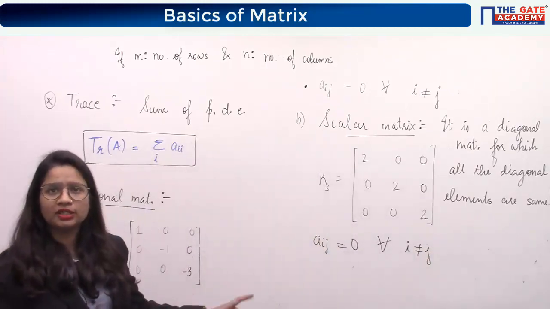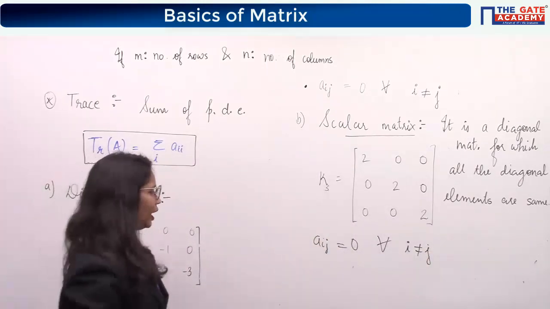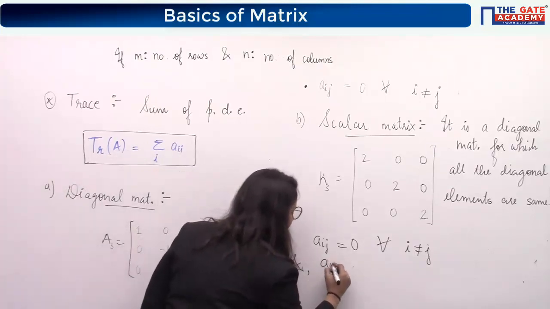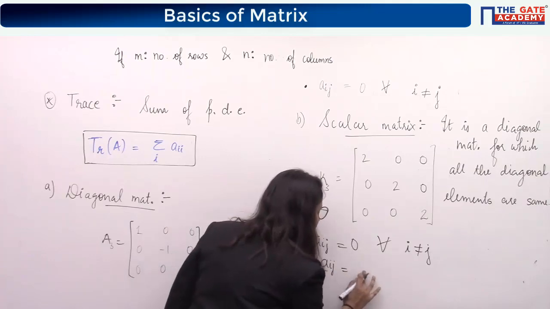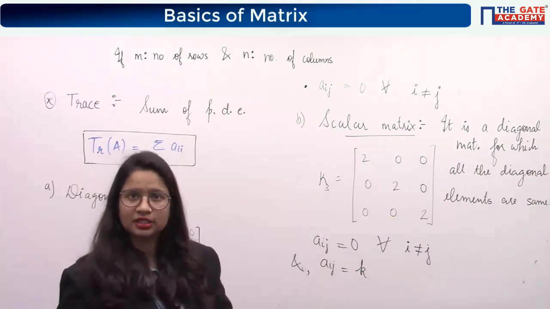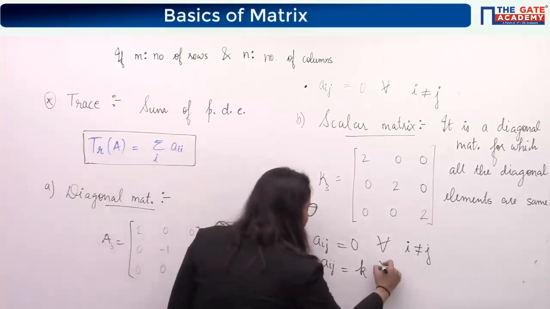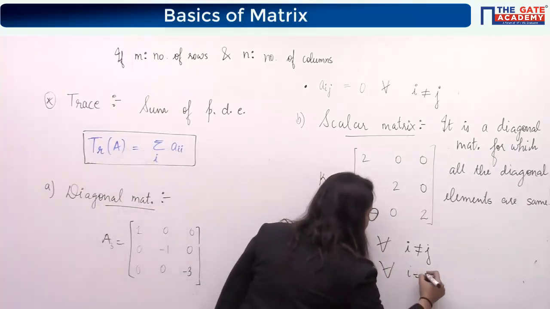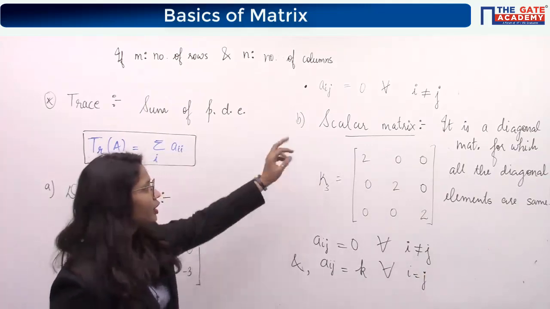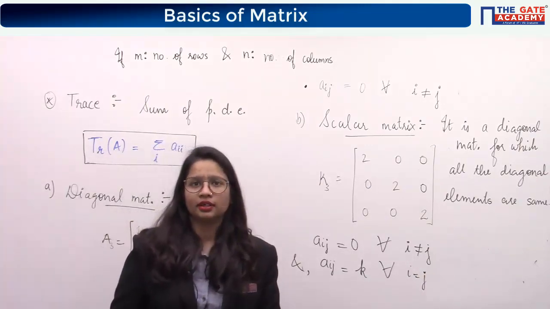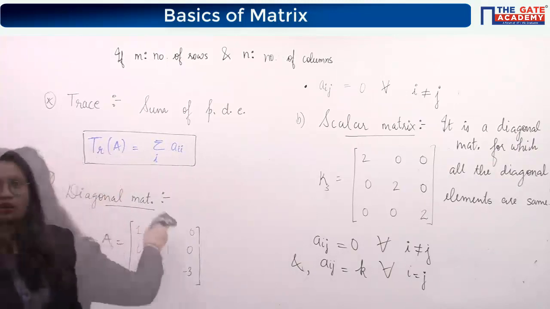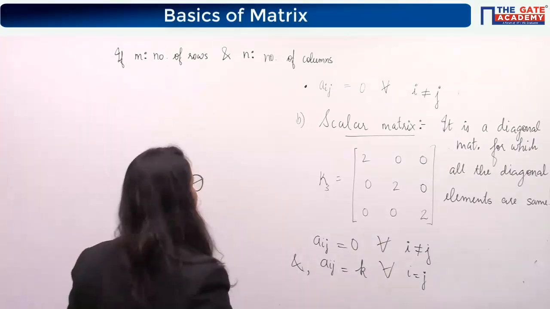Along with that there is one more condition: Aij will be equal to some constant k. This k value will be the same for all i equal to j. So this is how you will write the definition of a scalar matrix. Any doubt you can ask? Okay, done. So let's move forward.